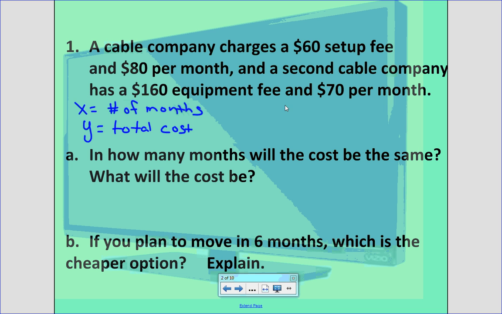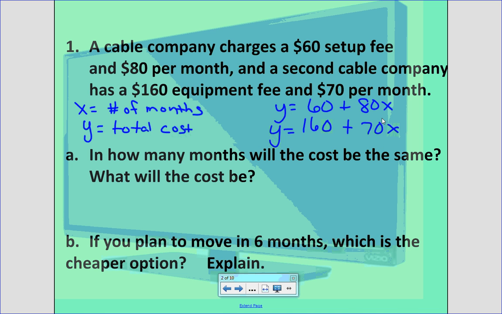So I'm going to have my total cost for the first company is $60 for them to come and install it, plus $80 per month. The second company charges $160 for equipment fee, plus $70 per month. See, this is when I told you, you think, oh man, $160, I don't want to pay for that right up front. But what's cheaper down the road?